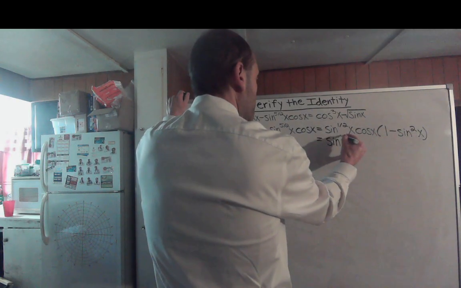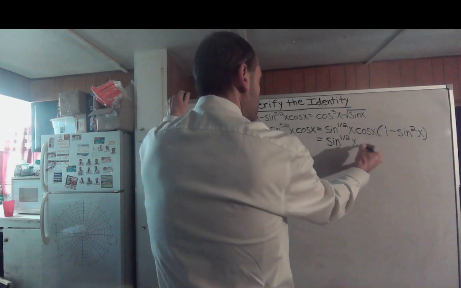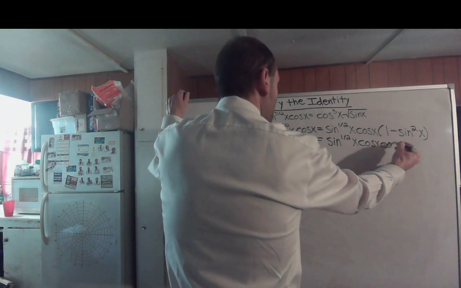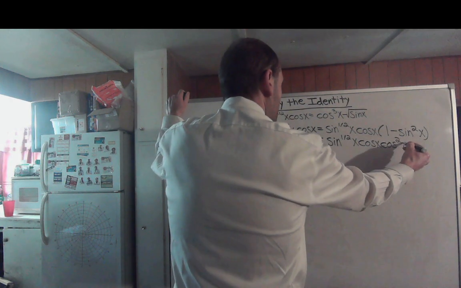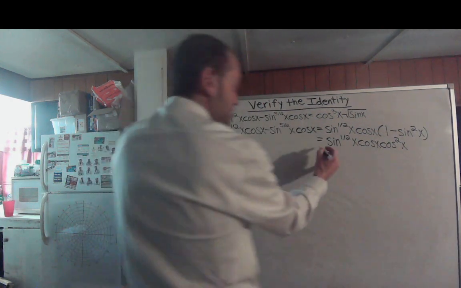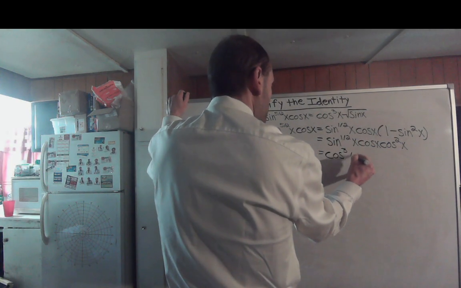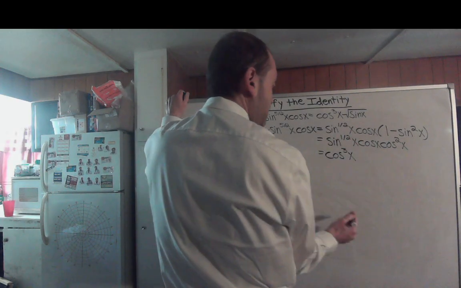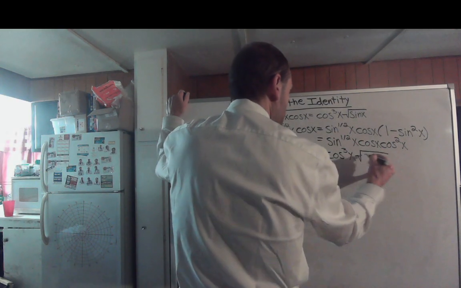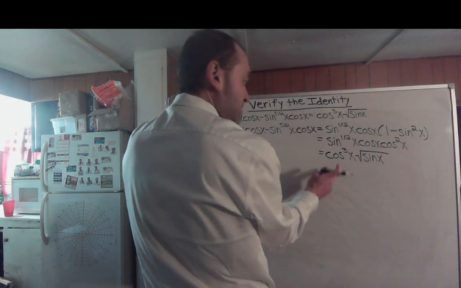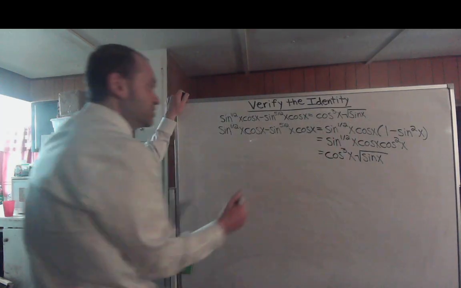So you would end up with sine 1/2 of x times the cosine of x times the cosine squared of x. Well, cosine times cosine squared, that's cosine cubed. So this would turn into cosine cubed of x. Sine of 1/2 x is the same as the square root of the sine of x. So we just got what we desired to achieve.